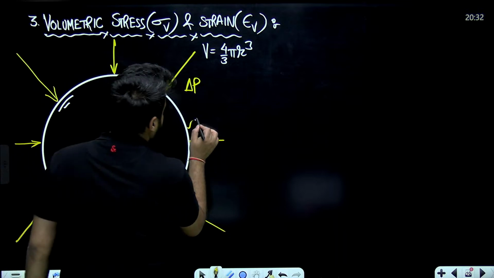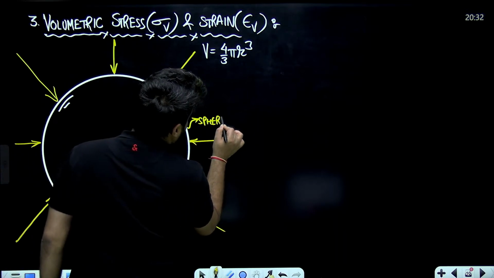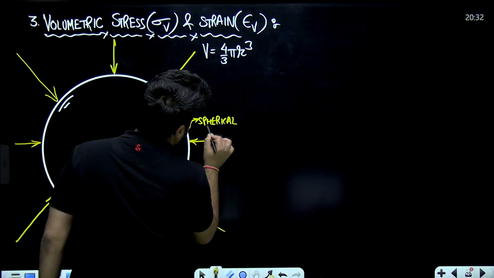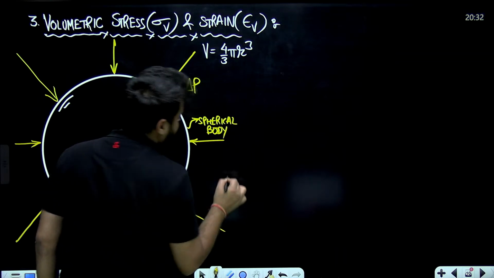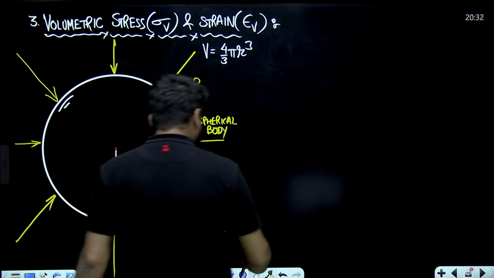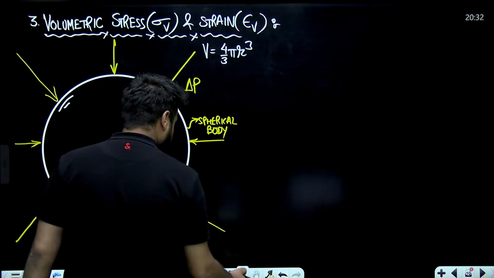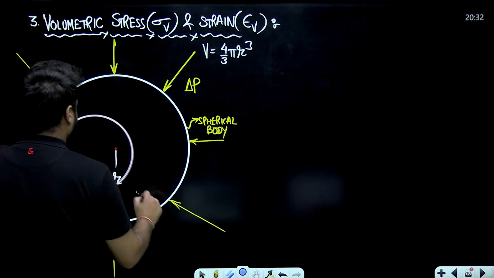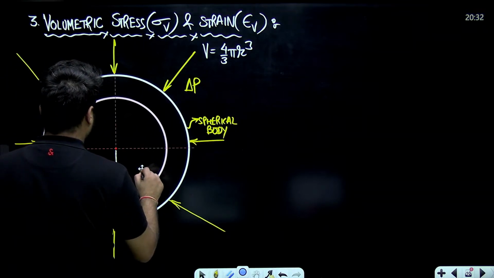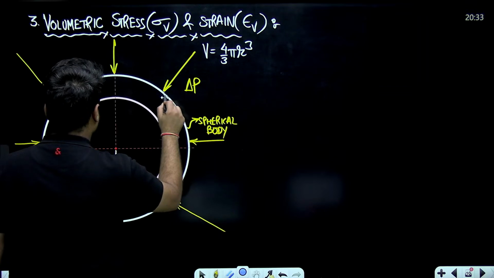If this is initially a spherical body, it will remain a spherical body. It is not going to change its shape, but it will undergo a change in the dimension of the body.